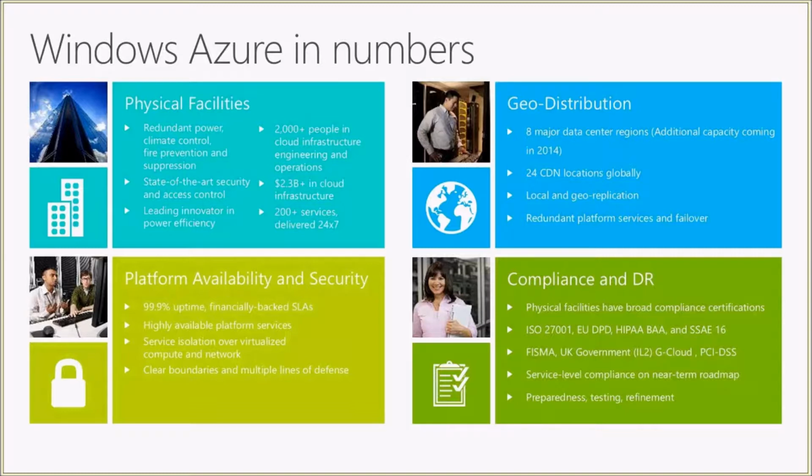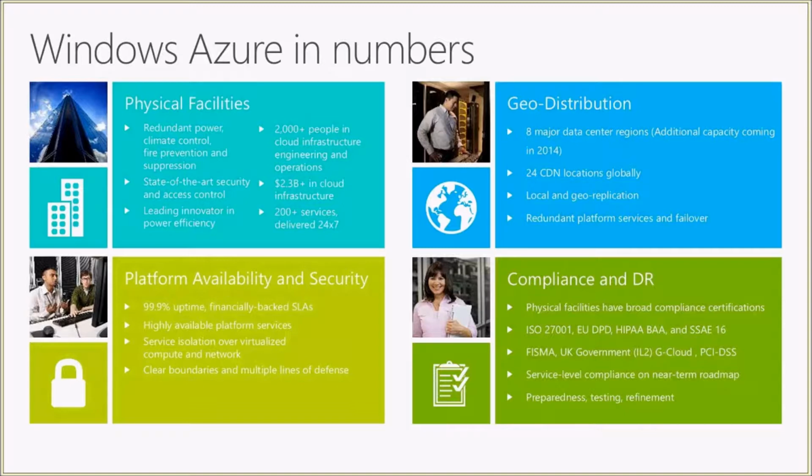So it's really showing the demand of the adoption of Windows Azure. We also have a financially backed SLA at 99.9%. And I can talk about how we can increase that SLA as well from Microsoft. We have 8 data centers across the world, and we have content delivery networks.